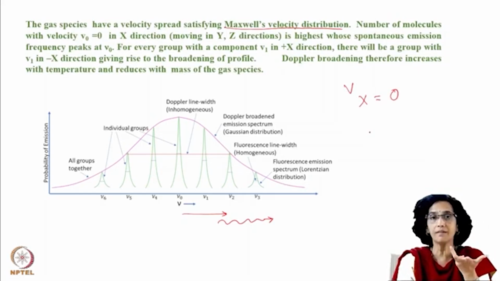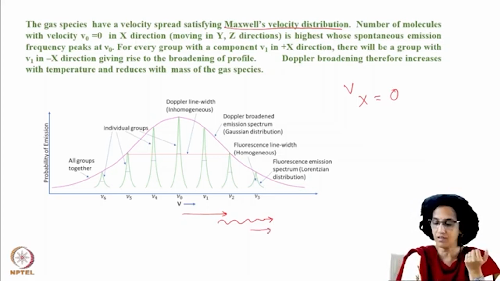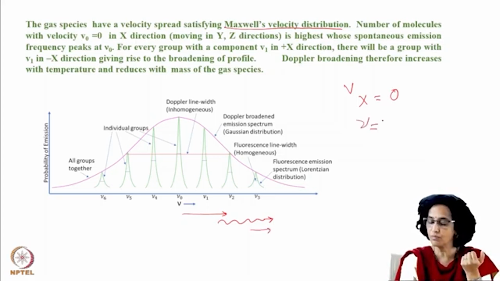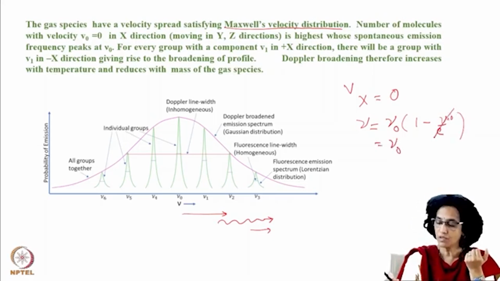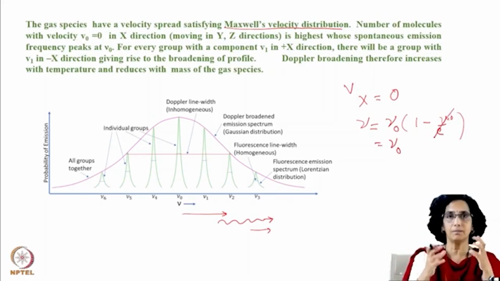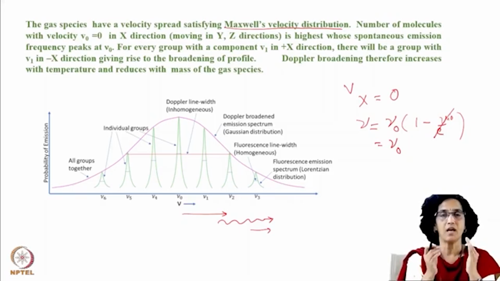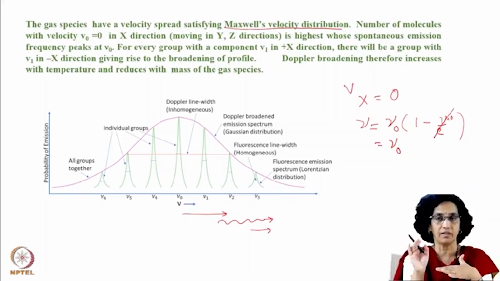Therefore if they emit in the x direction, then the frequency nu should be equal to nu 0 into 1 minus v by c. v is 0, so this will not be there, and that will be equal to nu 0. So we will have the maximum number of molecules which do not have any component in the x direction.